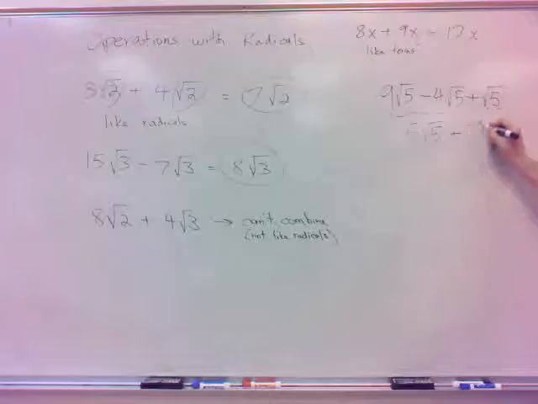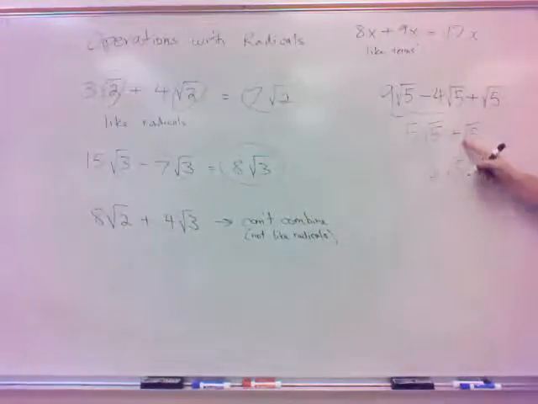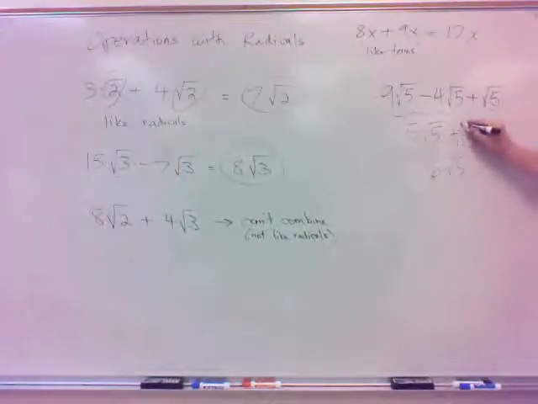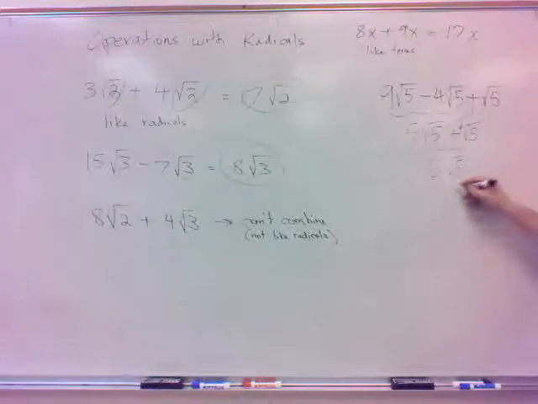Then add to that the square root of 5. You can do it all at once if you want to, but what is that going to give you? Why is it 6 square root of 5? Yeah. There's not a number in front of it, but there is a 1 there, isn't there? There's an understood value of 1 there. And so, yeah, we do get 6 square root of 5. All right?